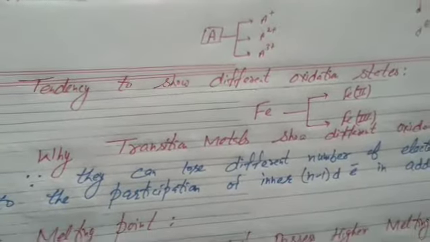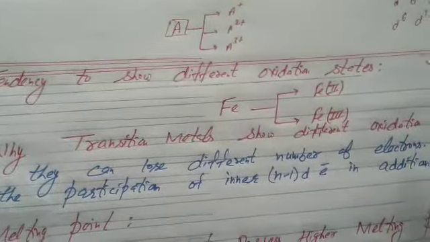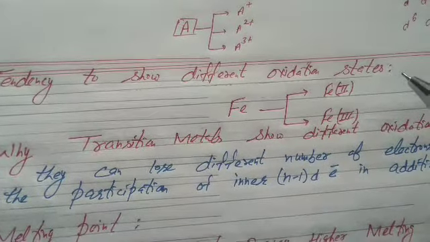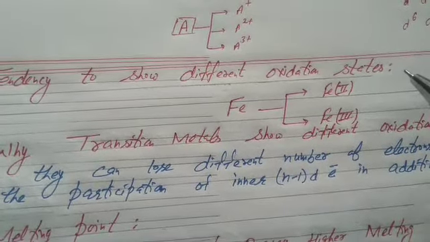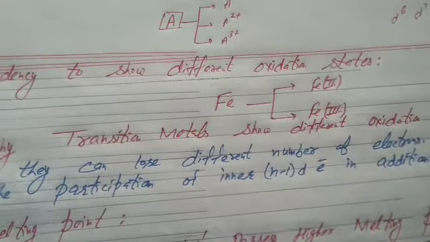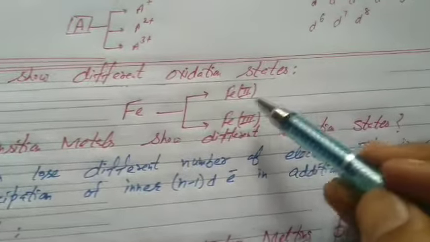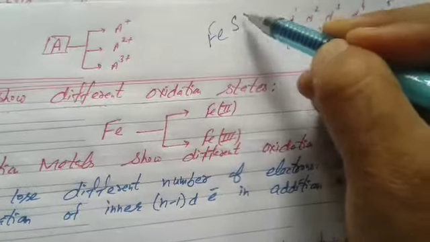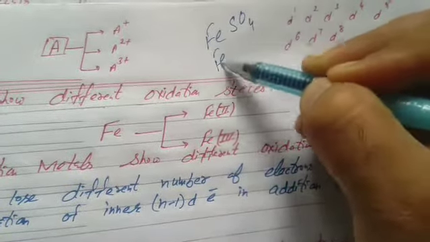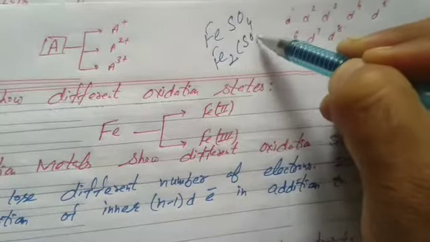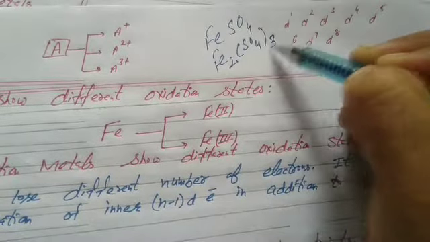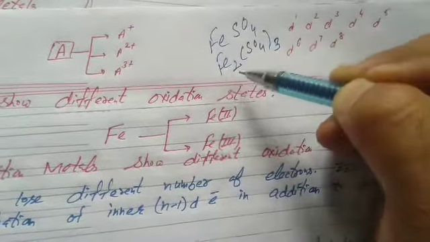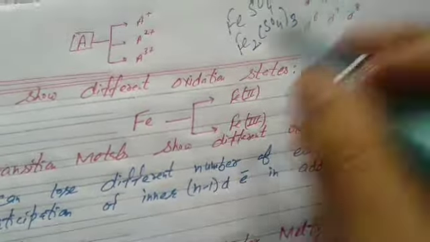The fifth property, tendency to show different oxidation states. Transition metals show different oxidation states. Students, iron forms ferrous salts as well as ferric salts. That is, it exists in +2 oxidation state as well as in +3.